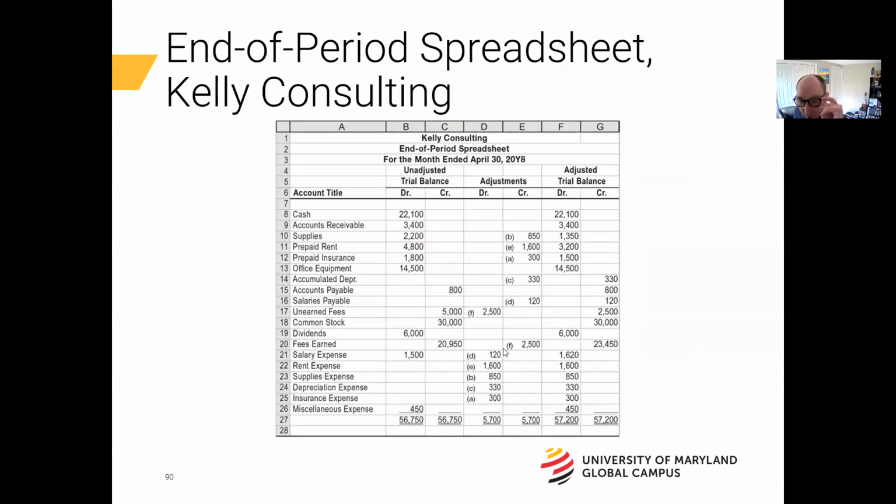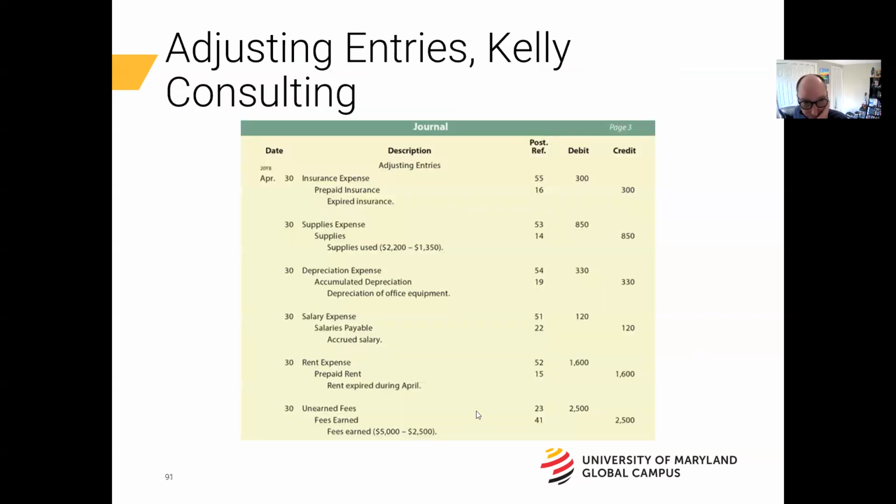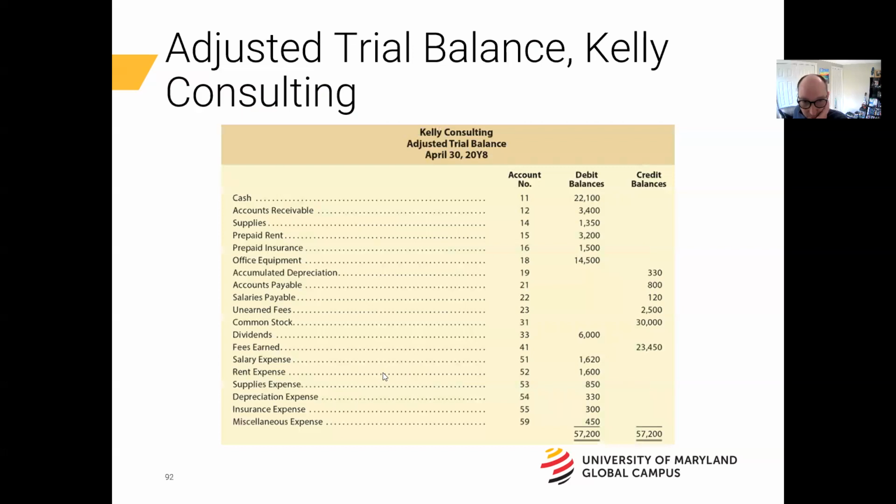We use our spreadsheet to identify the adjustments that have been made to ensure that our debits still equal our credits. And then we perform our adjusting entries. And we have performed the adjusted trial balance to ensure that our debits equal our credits.